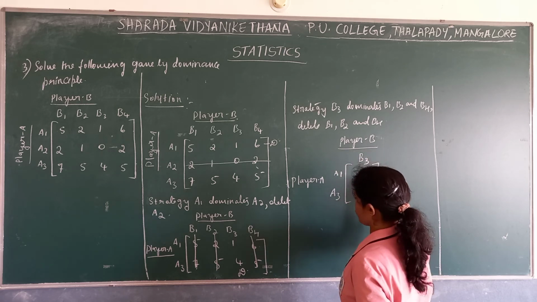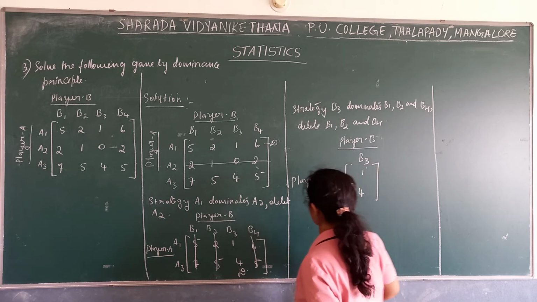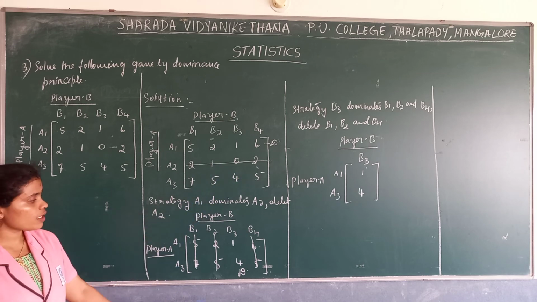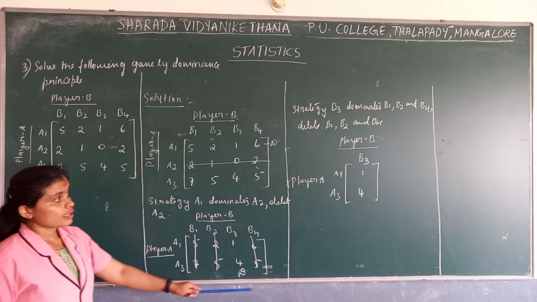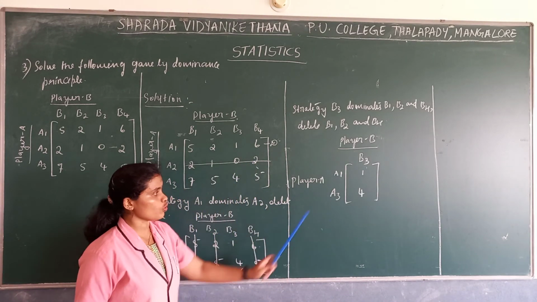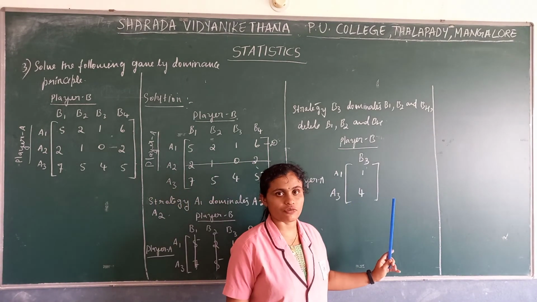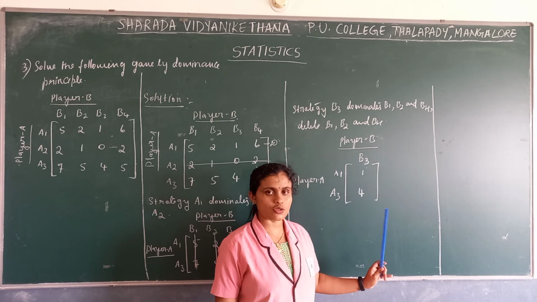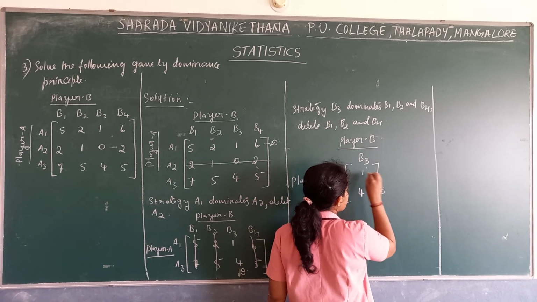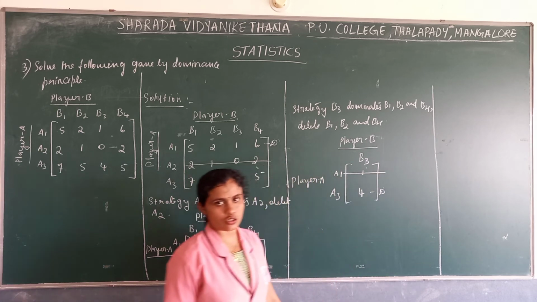What are the values? 1 and 4. Now row wise comparison is over, column wise comparison is over, then comes here again row wise comparison. Now in the row wise comparison, which is the dominating row? The largest one is the dominating row. The largest one is 4. It dominates the smallest one.